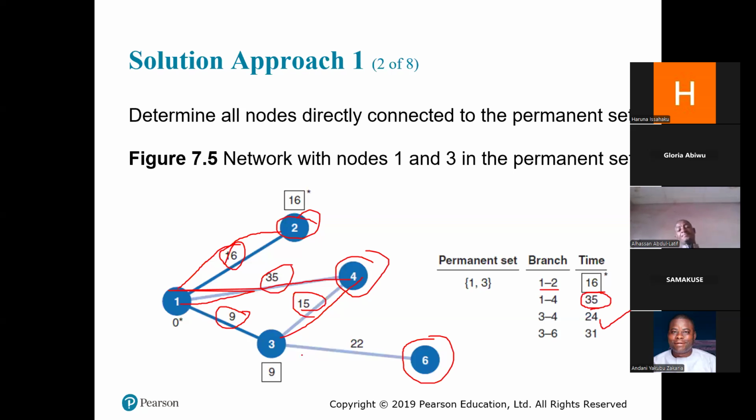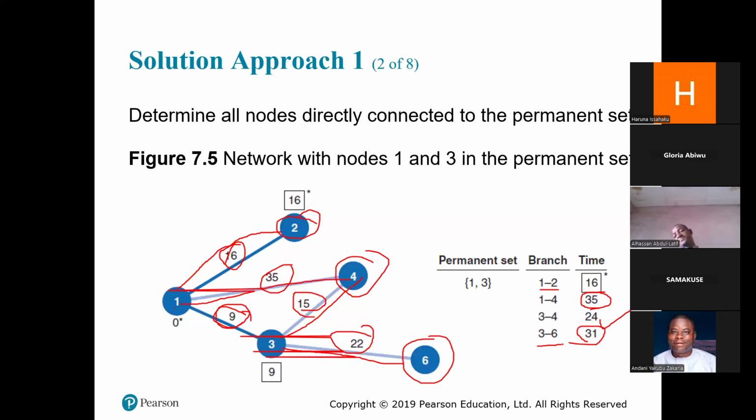Then from 3 to 6 will give you 31, because before you can move from 3 to 6, you must have moved from 1 to 3. So that would be 9 plus 22, which will give you 31.